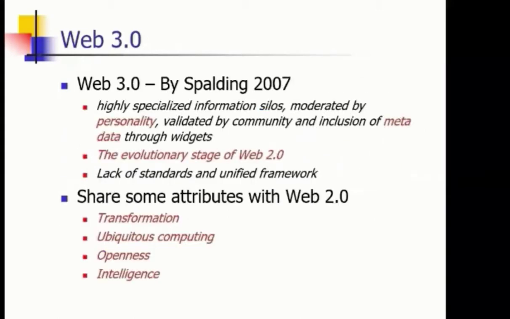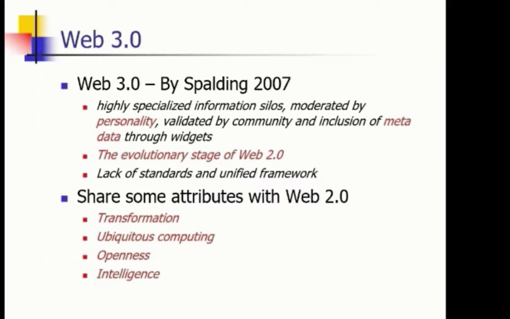By studying 2007, he gave his ideas. He was a highly specialized and moderated personality, and he talks about the metadata through widgets. He gave the evolutionary stage of Web 2.0 and also pointed out the lack of standards and an informed framework in 2007 for Web 3.0.